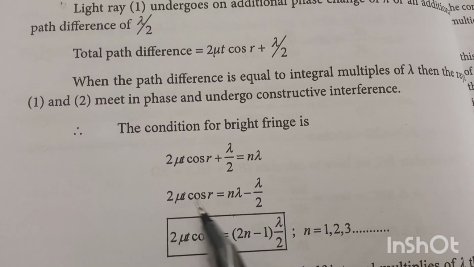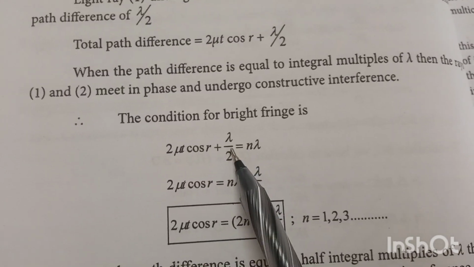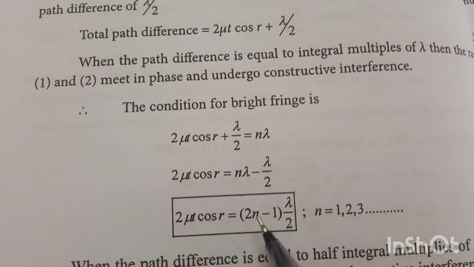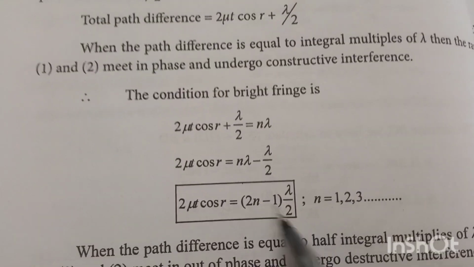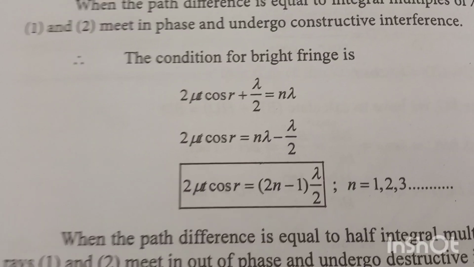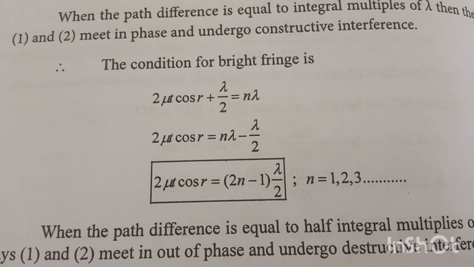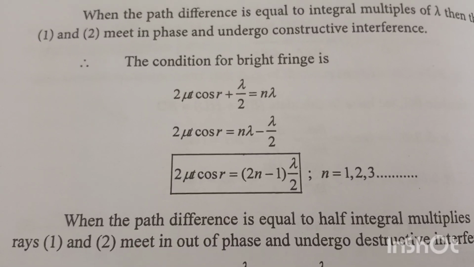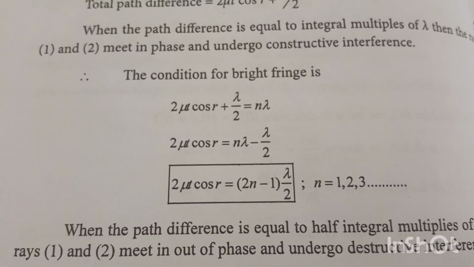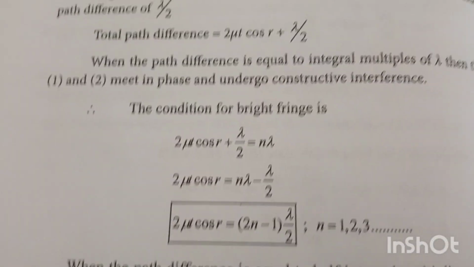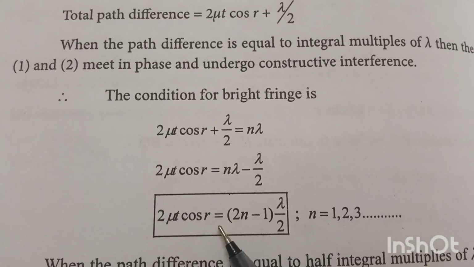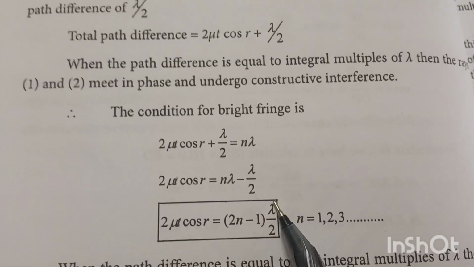Then it can be written as 2 mu T cos R is equal to n lambda minus lambda by 2. Taking lambda by 2 as the common term, we get 2 mu T cos R is equal to 2n minus 1 into lambda by 2, where n can take values 1, 2, 3 and so on. So this is the constructive interference, and also the condition for the bright fringe.